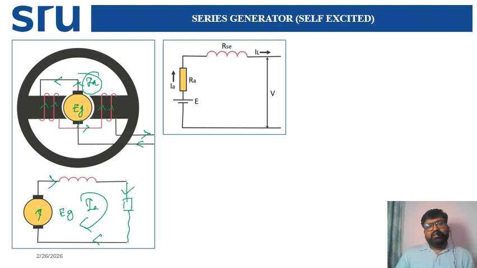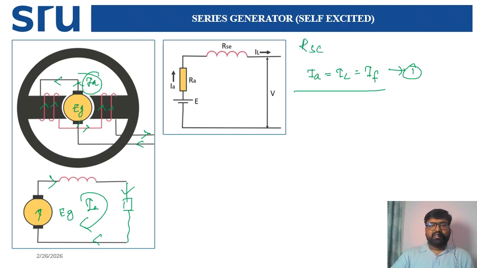This is all about your series generator. It is not at all very difficult. You only have to write the equation. Here we can write that the armature current, load current, as well as the field current are equal. You can put this as equation number one. Here I have written RSE because your field is connected in series. That is nothing but your series resistance or field resistance.